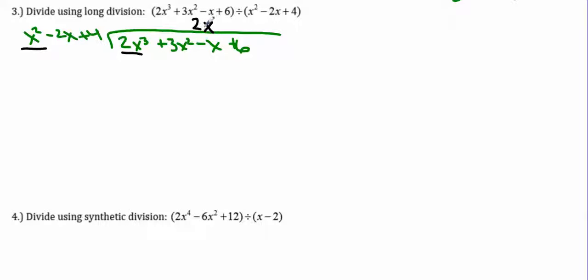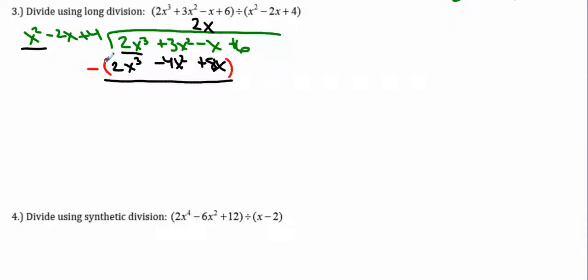After that, we are going to multiply 2x by whatever we're dividing by, the divisor. So 2x times x squared is 2x cubed. 2x times negative 2x is negative 4x squared. 2x times 4 is 8x. Then I'm going to subtract.